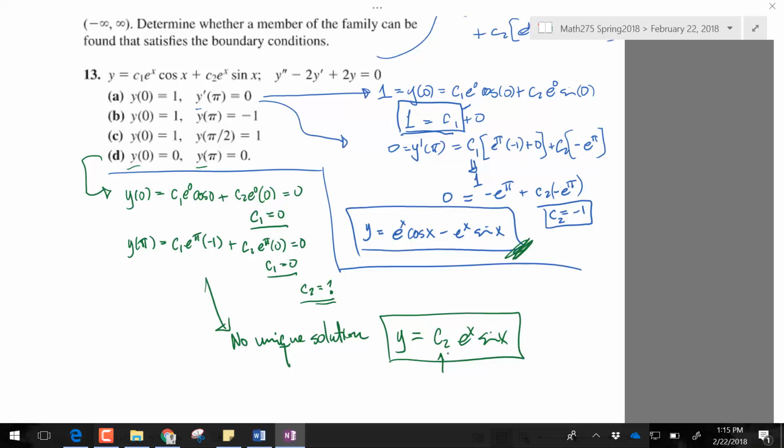Okay. Free variable, yeah. Because we tried solving for c1 and c2, we found that c1 is equal to 0 in both cases, and we didn't see any restrictions on c2.